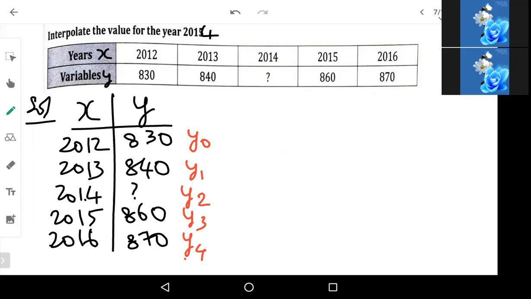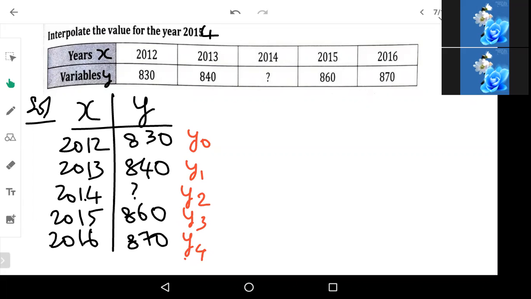We should start from 0. However many data we have, start from 0, 1, 2, 3, 4, and continue. So this is naming of the Y variables. Now, why are we doing this? To solve and find out the value of this unknown missing variable, we are naming the variables like this.